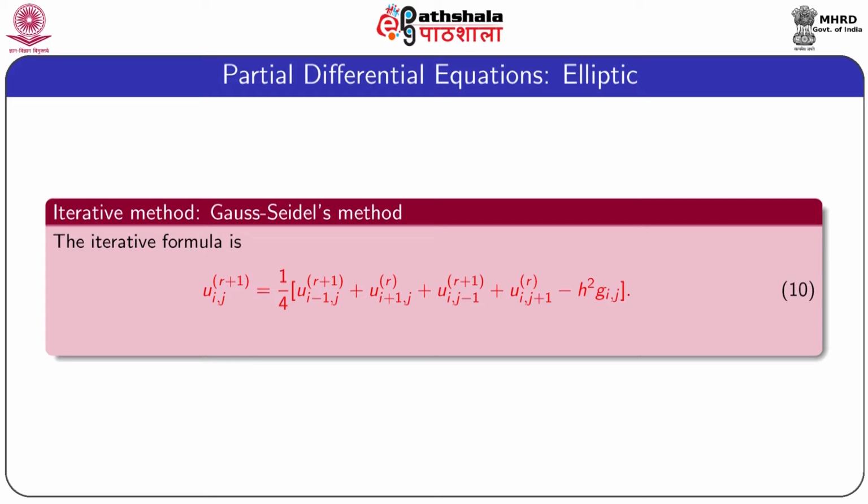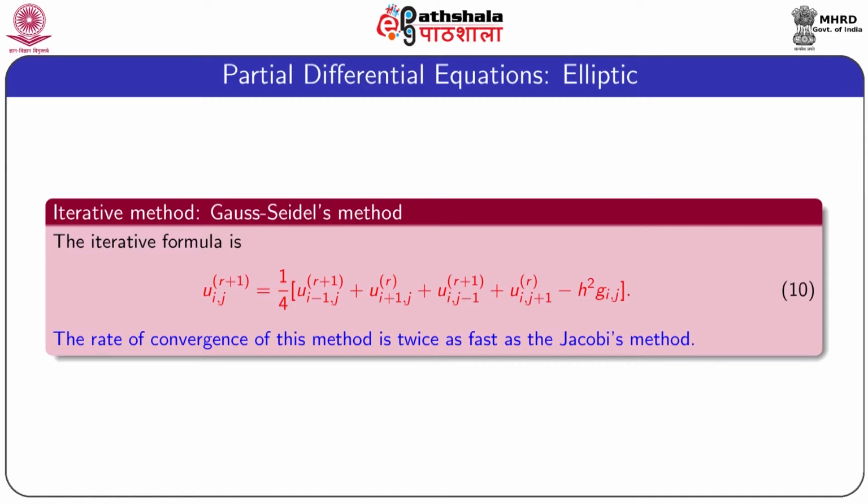So this is the modified form of Jacobi's method, and this form is called the Gauss-Seidel iteration scheme. It is observed that the rate of convergence of this method is twice as fast as Jacobi's method. That means the Gauss-Seidel method gives a faster convergence scheme than Jacobi's scheme.